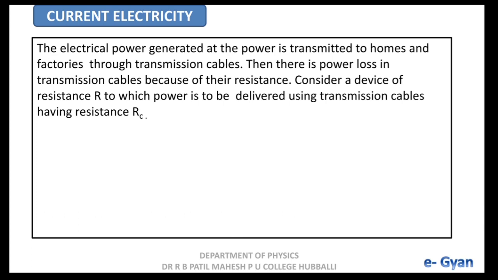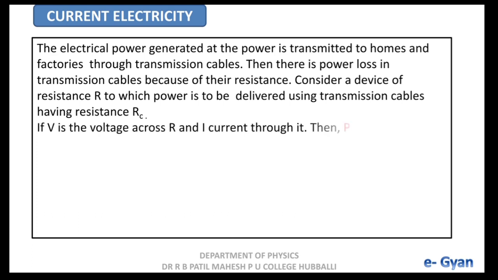If V is the voltage across R and I is the current through it, then power is equal to V into I. This is the power of the device R.